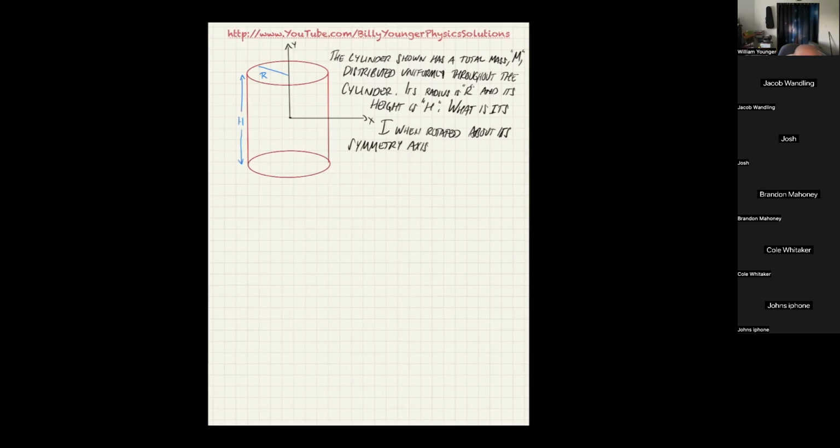And the symmetry axis, of course, is this one that is basically the y-axis. So everybody understand what we're asking here?